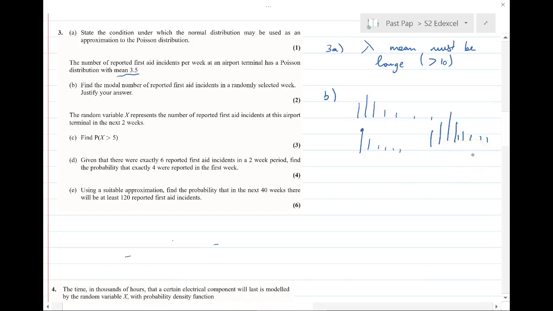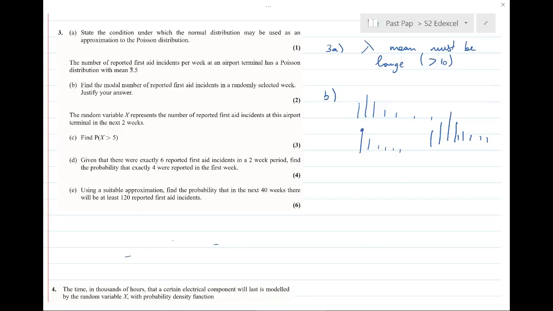Now, apparently, I didn't know this, I've got to be honest. According to the mark scheme, the modal number will always be the smallest whole number below lambda. So the modal will be 3 apparently. So if lambda were equal to 7.5, then the mode would be 7.